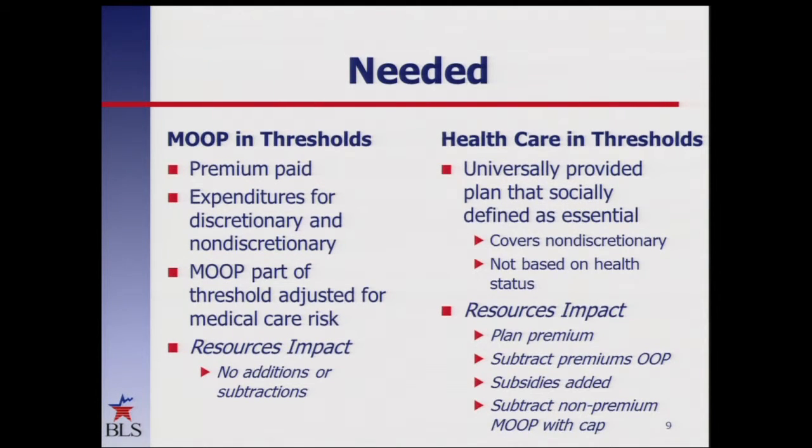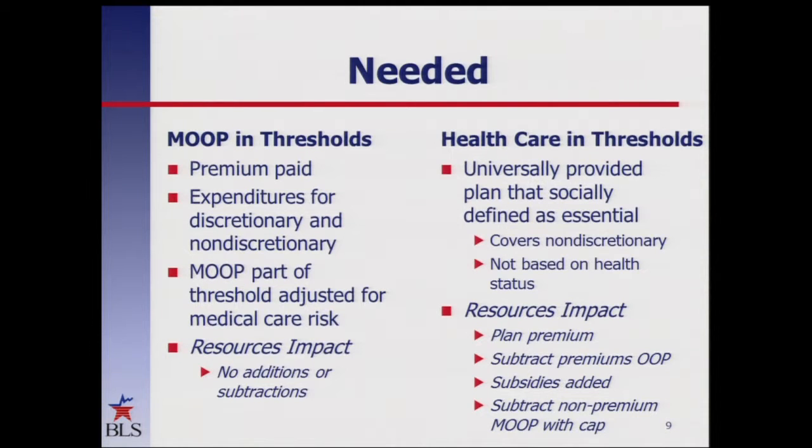For the elderly, we say health care is a need if you're 65 and over, right? But the ones in the middle, not, all right? But you need some kind of universally provided health care. It covers non-discretionary, it's not based on health status. It's community rated. It means that you cannot be denied coverage because you have cancer, for example.